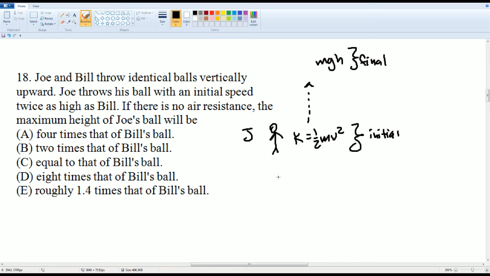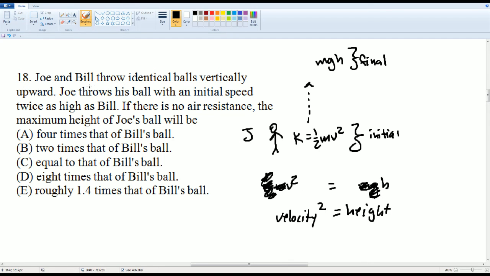Initially it's 1/2 mv squared, and your final is just mgh. Ignore the m's; the g's are the same in both scenarios, and the halves are the same. So the height is going to be a function of velocity squared.